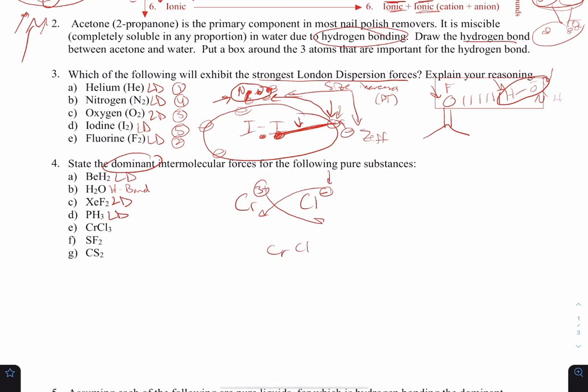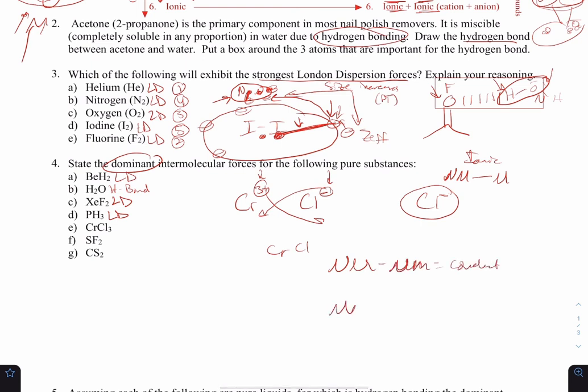Now, how did I know that it was going to be a negative and a positive here? Well, chlorine is a nonmetal, right? And nonmetals, if they bind with a metal, like chromium, that becomes an ionic bond. Remember, nonmetals to nonmetals is a covalent bond.